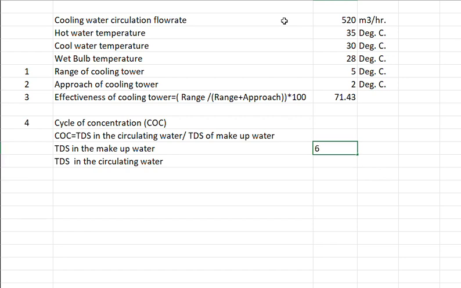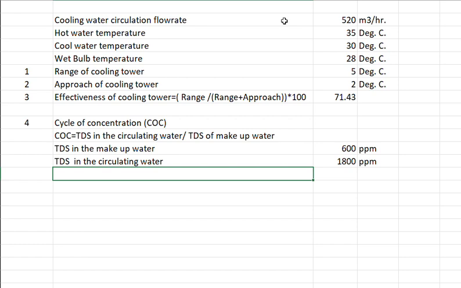Basically, 500 to 600 ppm is the level in fresh makeup water, and we need to change it after it reaches 1000, 1500 or 1800, so we need to make it up. Here I have mentioned the TDS level, so we can get the value of COC.